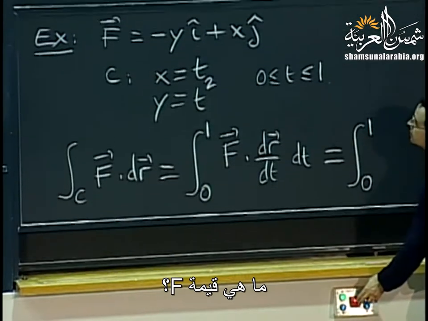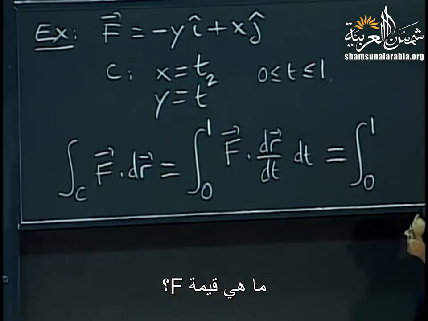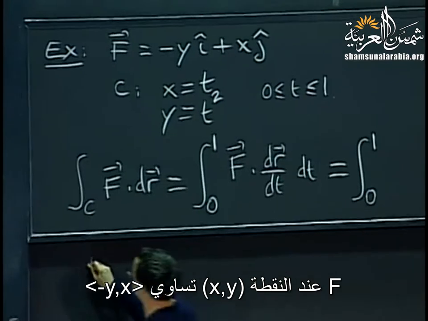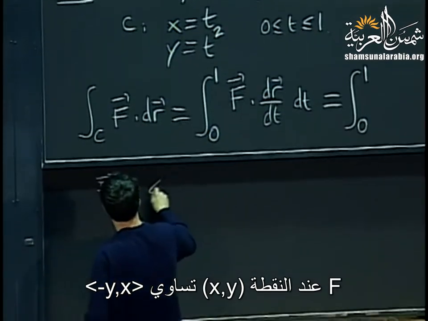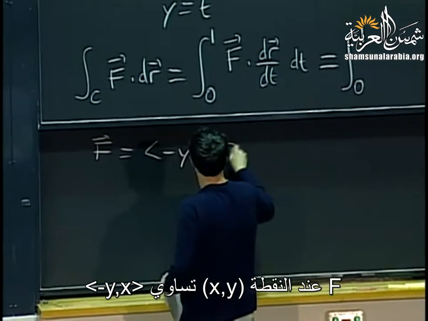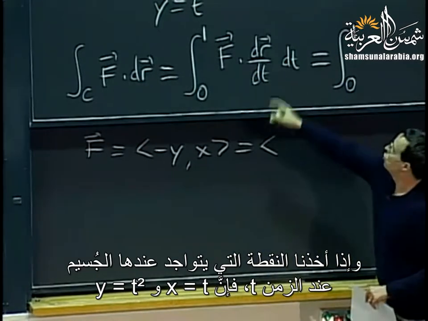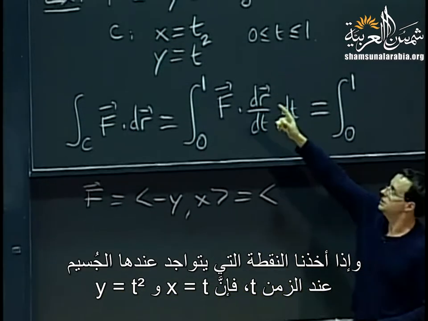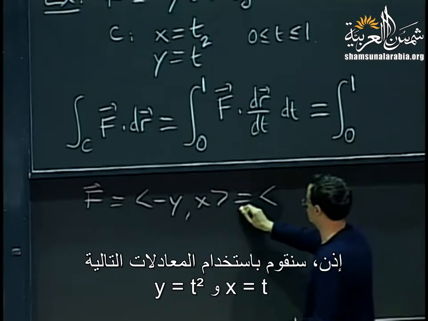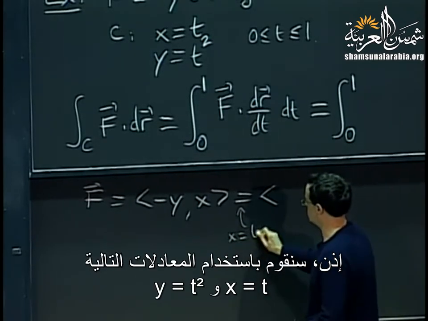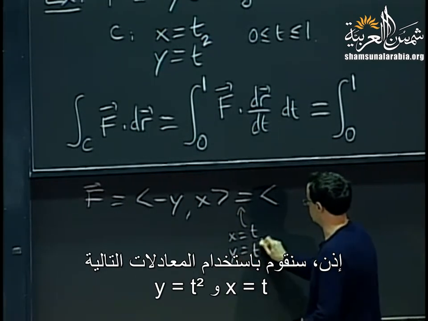So that will be the integral from 0 to 1 of... okay, let's try to figure it out. So what is f? F at a point (x, y) is (-y, x). But if I take the point where I am at time t, then x is t and y is t squared. So here I plug in x = t, y = t squared.